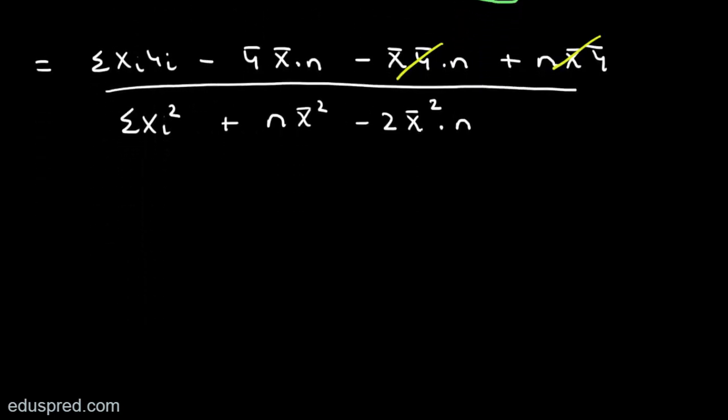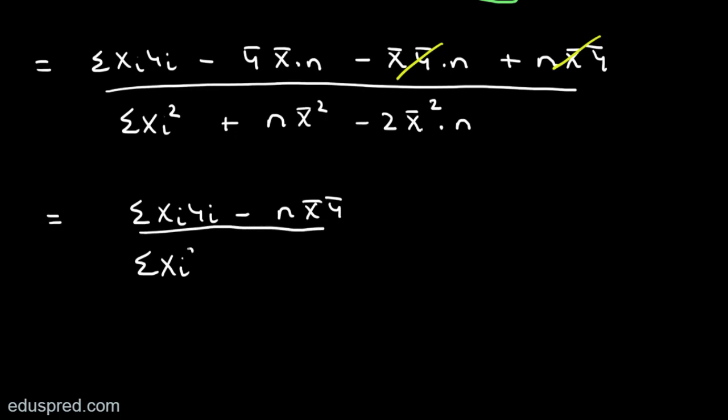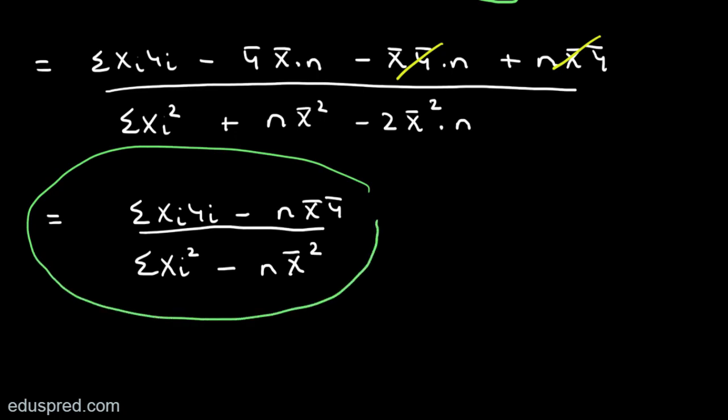And that means now we get that the numerator is summation capital Xi capital Yi minus n x bar y bar, divided by summation capital Xi square, and this is minus 2n x bar square plus n x bar square. That means this becomes minus n x bar square. And this is it. So this is one more formula to calculate B2, and in this formula all we have is capital letters. So we do not have any small letter in this formula.